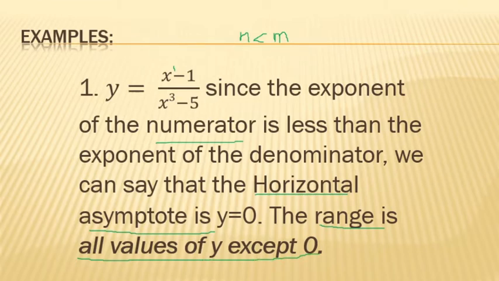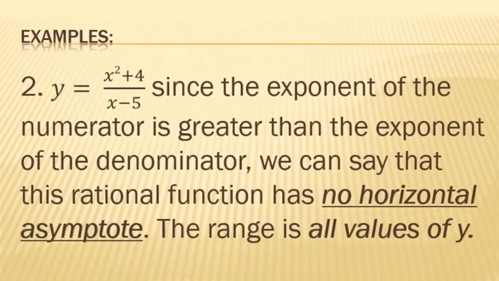So, that is an example of a horizontal asymptote na kapag alam mo na yung horizontal asymptote, alam mo na rin yung kanyang range. Another example. Y is equal to x squared plus 4x over x minus 5. So, mapapansin natin na ang n natin ngayon is 2 and ang m natin is 1.